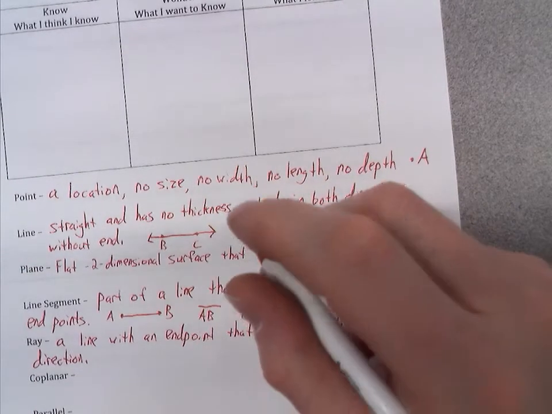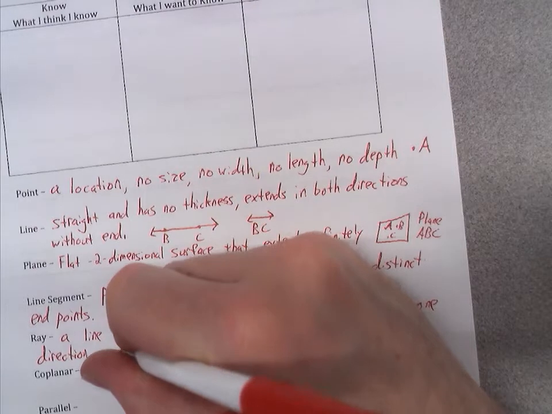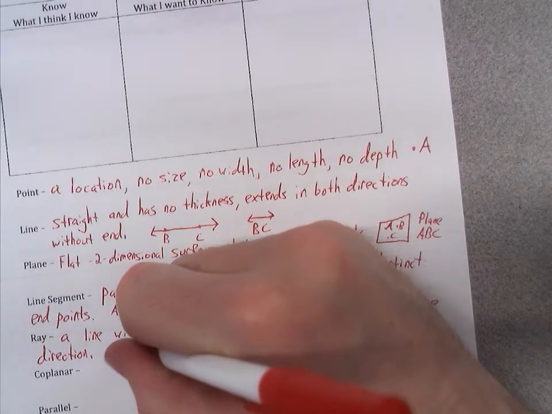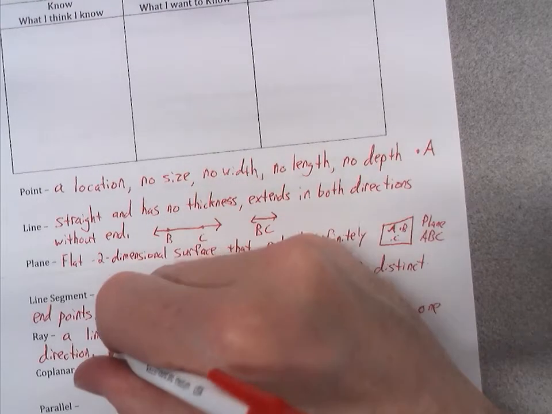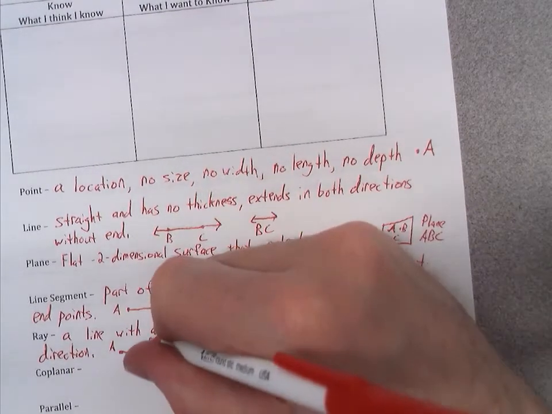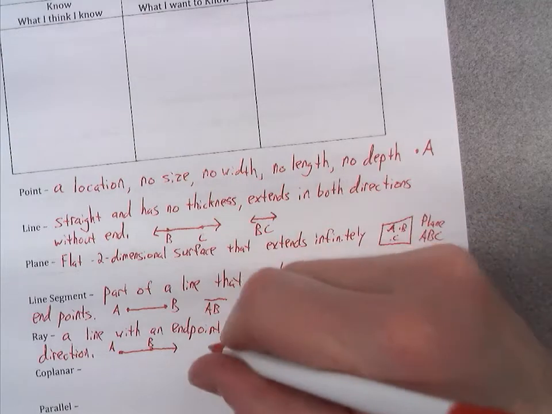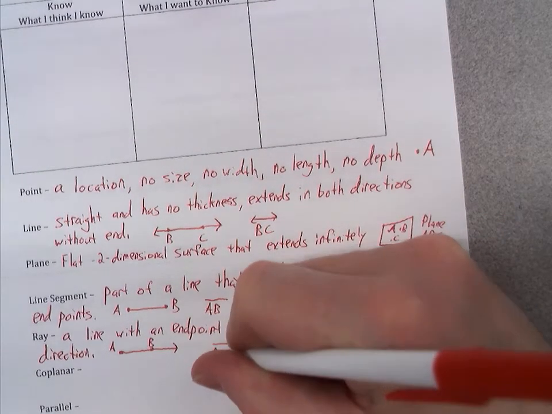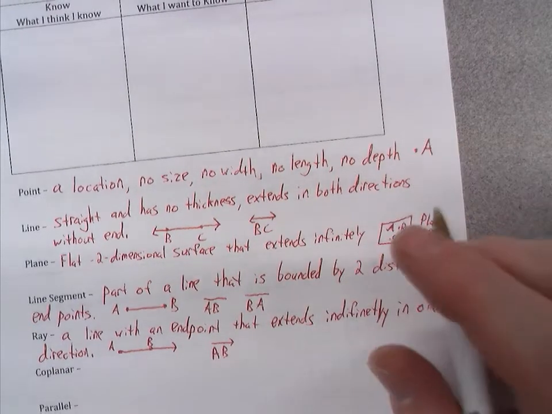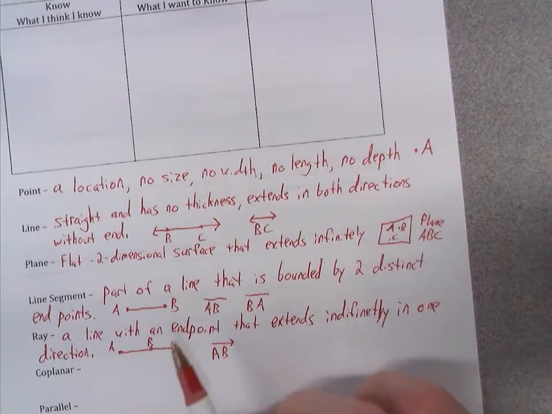Okay? So, for example, we might have this ray and point A, point B somewhere along the line. And so we've got ray AB. Okay? All right.